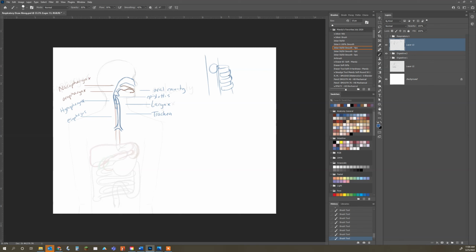So it has this cartilage on it, which is kind of neat. And again, that's a fun one to draw too.